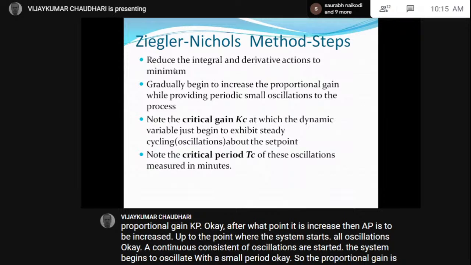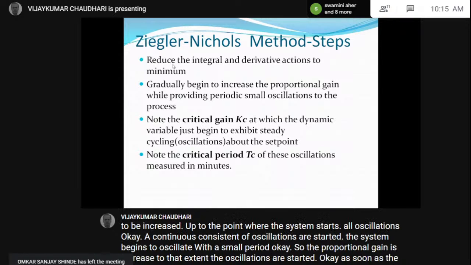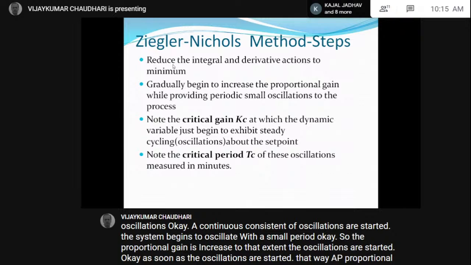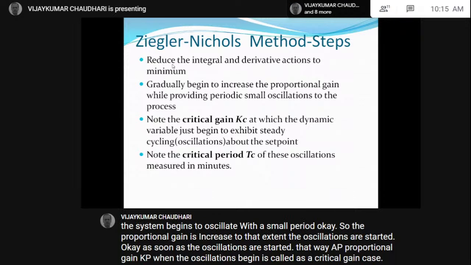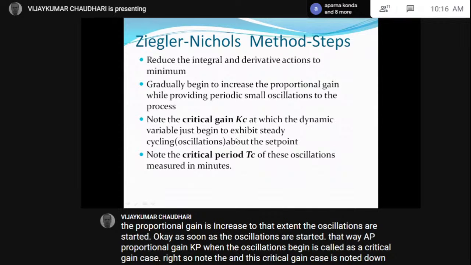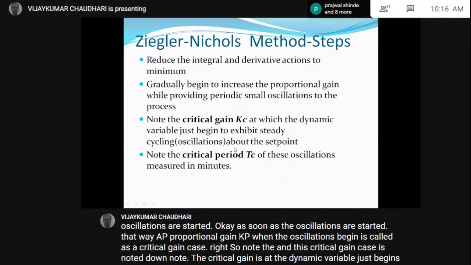So the proportional gain is increased to that extent. As soon as the oscillations start, that proportional gain Kp is called the critical gain Kc. Note the critical gain Kc at which the dynamic variable just begins to exhibit steady cycling or oscillations about the set point.